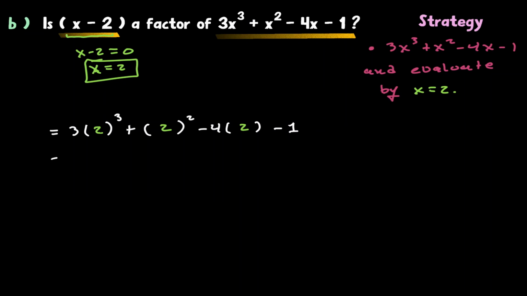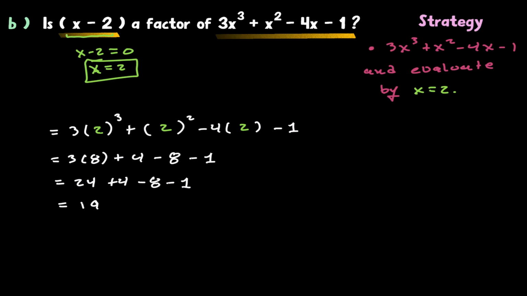So now let's evaluate this. Here we have 3 times 8 plus 4 minus 8 minus 1. And 3 times 8, that's 24. So we'll get 24 plus 4 minus 8 minus 1. And when we combine all this, we obtain a value of 19.